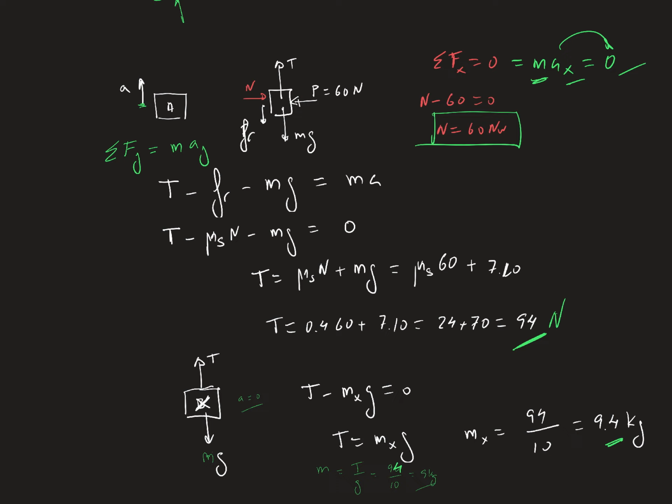This tension is calculated when the 0.4 static friction applies. But if it's not 0.4, it's 0.3, the friction will be smaller and will produce a smaller tension, but still will produce upward acceleration.